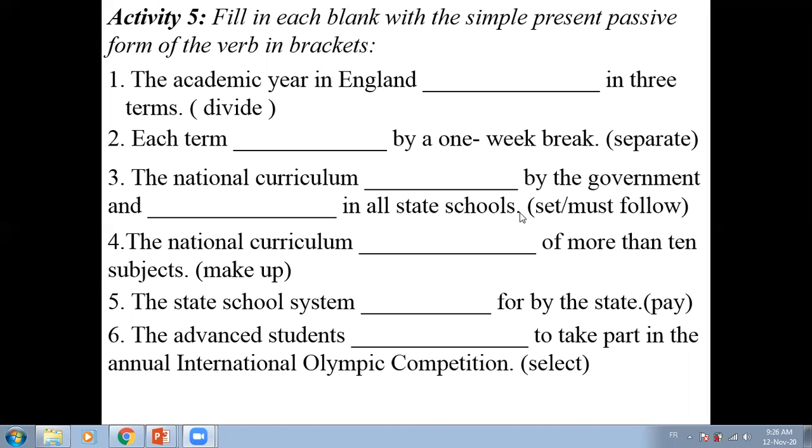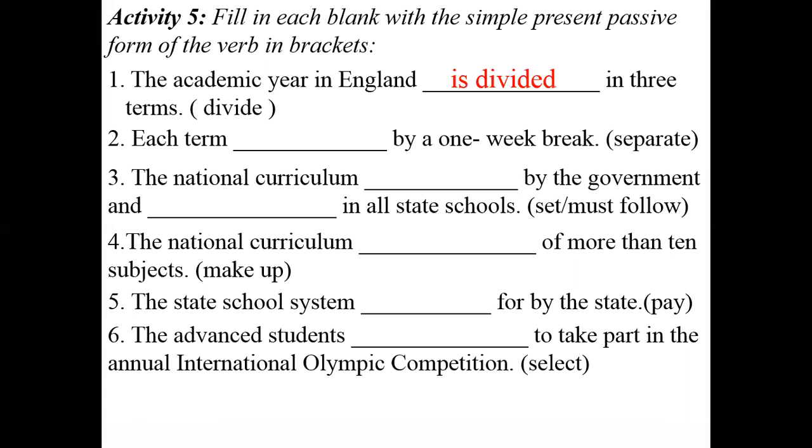Okay, so all of you have the answers? Okay, now let's check. Number 1, the academic year in England is divided in 3 terms. So the academic year is singular, right? So it will become "is divided".